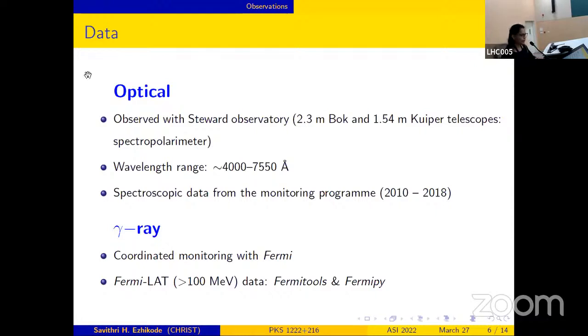For this study, we collected spectroscopic data from the spectropolarimeter on Steward Observatory. For gamma ray data, since the source has also been continuously monitored with Fermi, we collected the data from the Fermi-LAT telescope, and we obtained the light curves with Fermi tools and Fermipy.